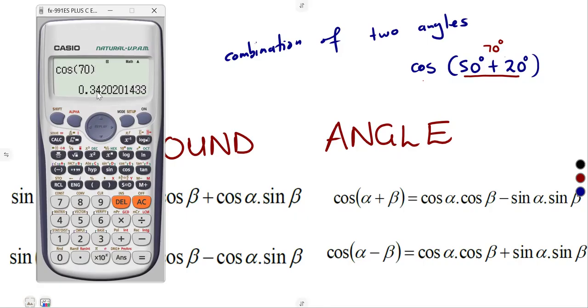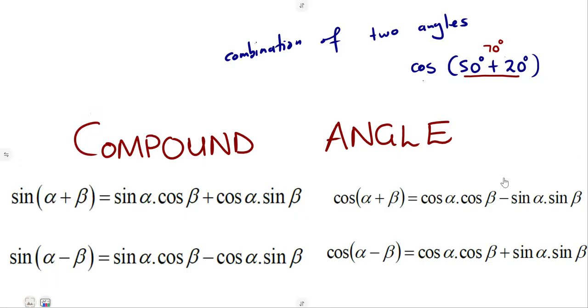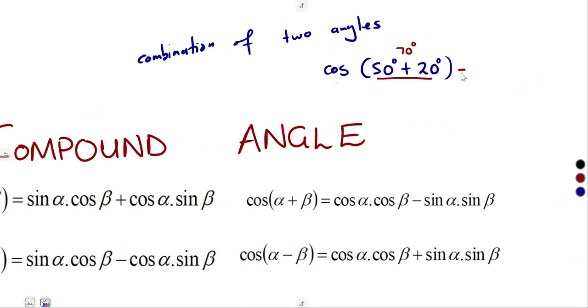This is 0.32. It is not the same as the answer you're going to get when you expand cos multiplying the 50 degrees, then add cos multiplying the 20 degrees. This is totally wrong.